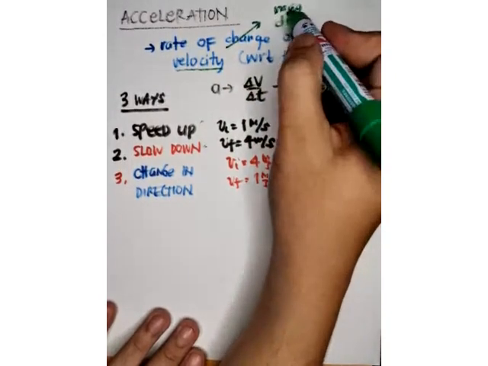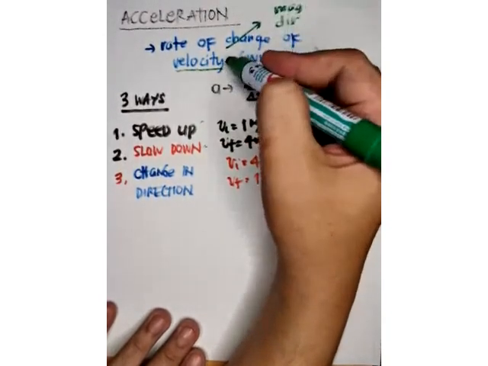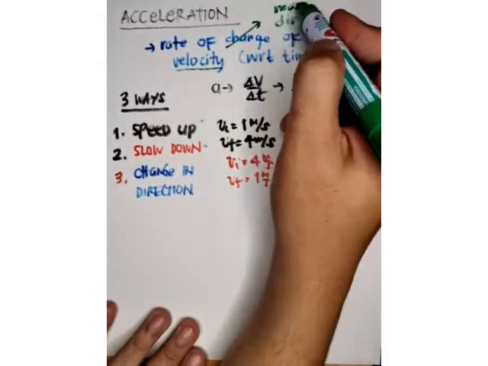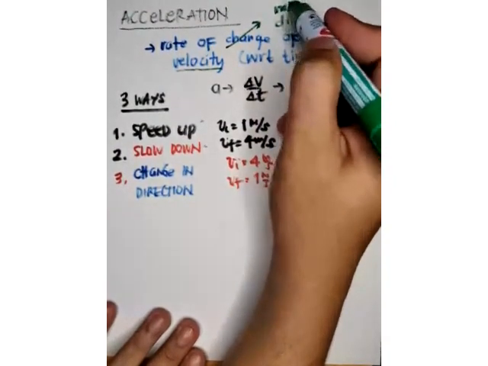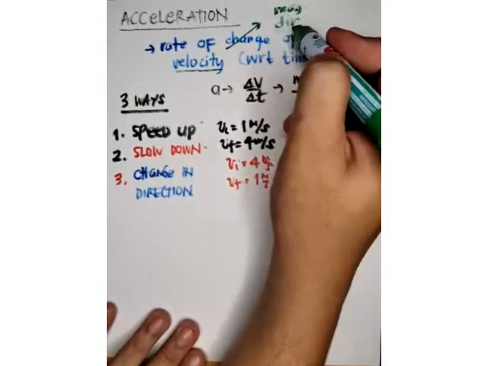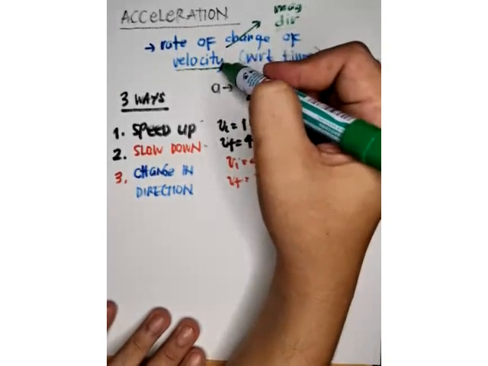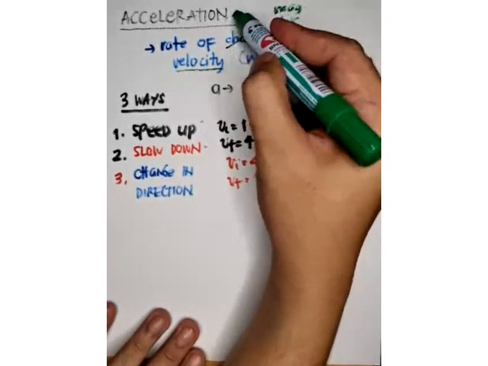Okay, so yung magnitude is just one part of the velocity, which is a vector. It also has a direction. Okay, so even if the magnitude remains the same, if the direction changes, the velocity also changes. And that means if there's a change in the velocity, there will be acceleration.